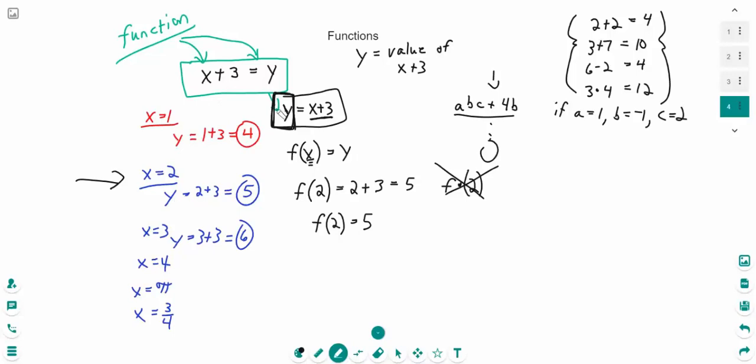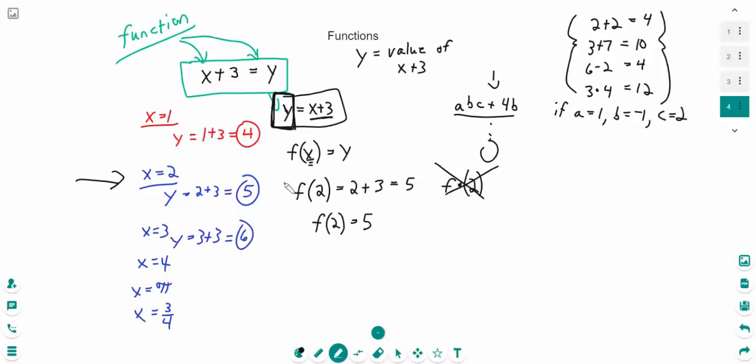Y is going to equal the x, which is now 2, plus 3, and we said y is equal to 5. So all this is saying is that the function when x is 2 is equal to 5, which means y is equal to 5 when x is 2.